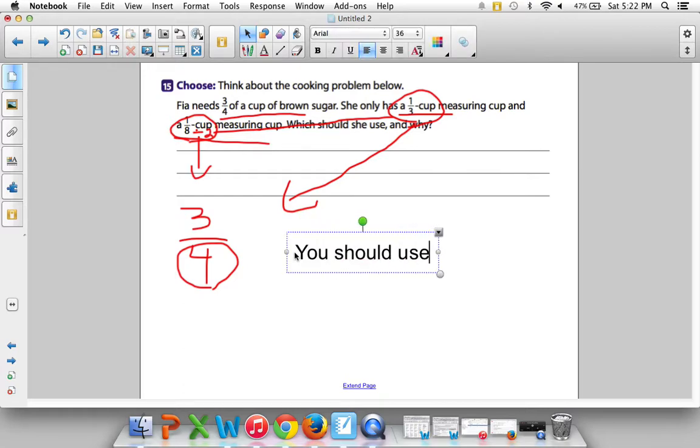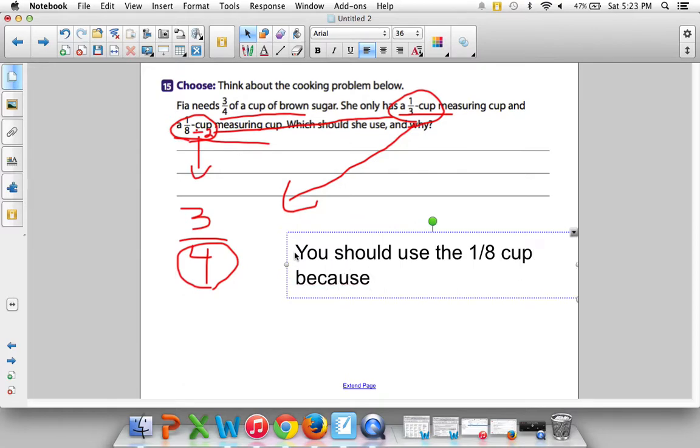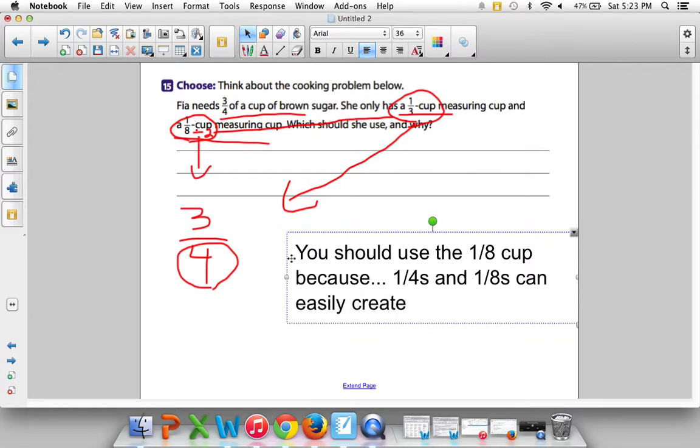You should use the 1/8 cup because fourths and eighths can easily create equivalent fractions with each other.